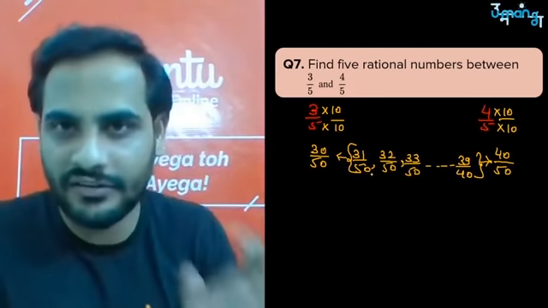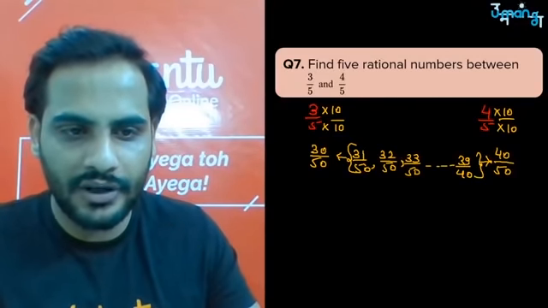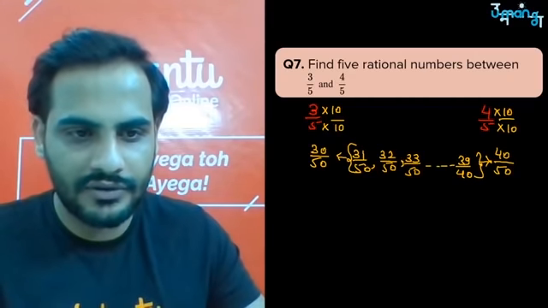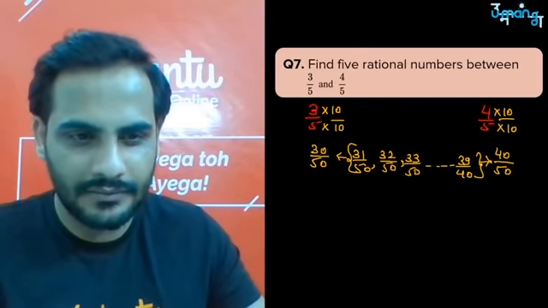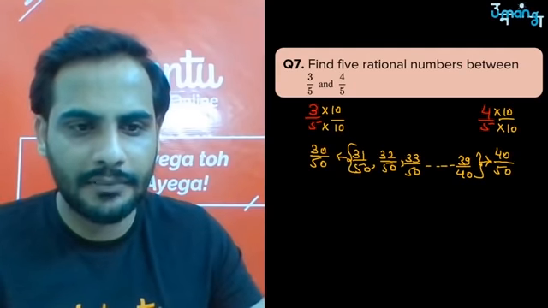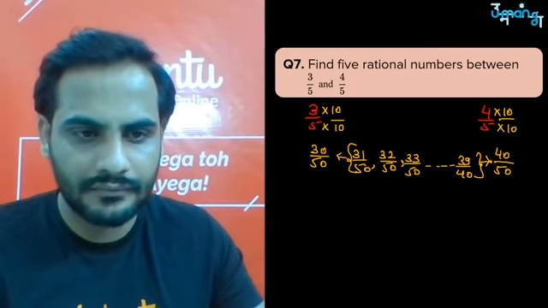Suppose they ask you for an irrational number also. So in that case, what will you do?